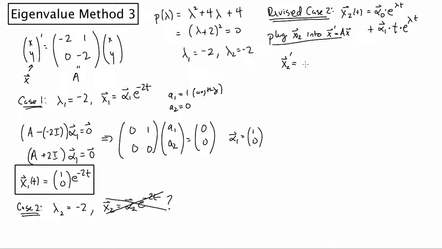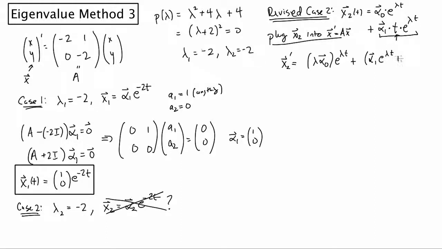We would get a lambda term, so lambda alpha naught e to the lambda t, plus, because of this t, I have to do the product rule. The derivative of t is 1, so it would be alpha 1 e to the lambda t.